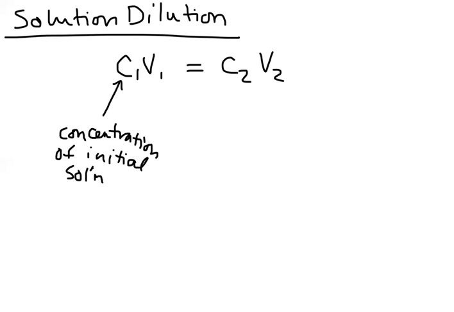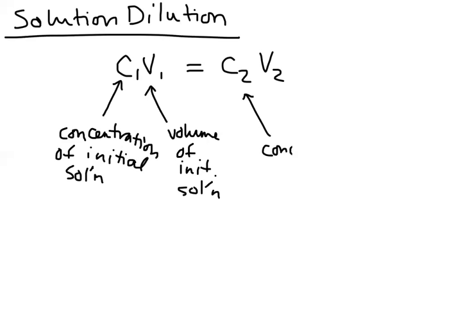Then your V1 is the volume of your initial solution, C2 is the concentration of your final solution, and V2 is the volume of your final solution.